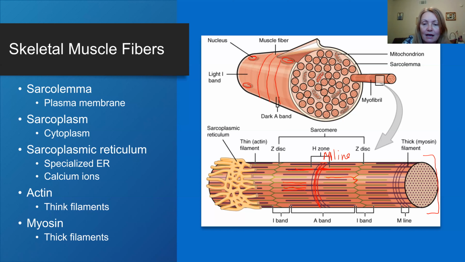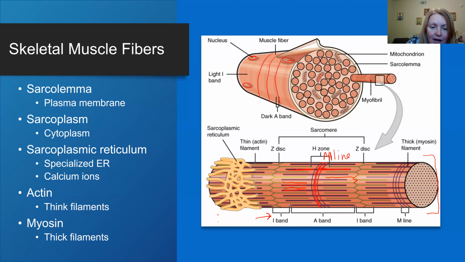Makes sense? In some areas, we only have thin filament, only this green one. And based on this arrangement, we have different bands, right? If you only have thin filament, you call this part of the muscle fiber the I band.